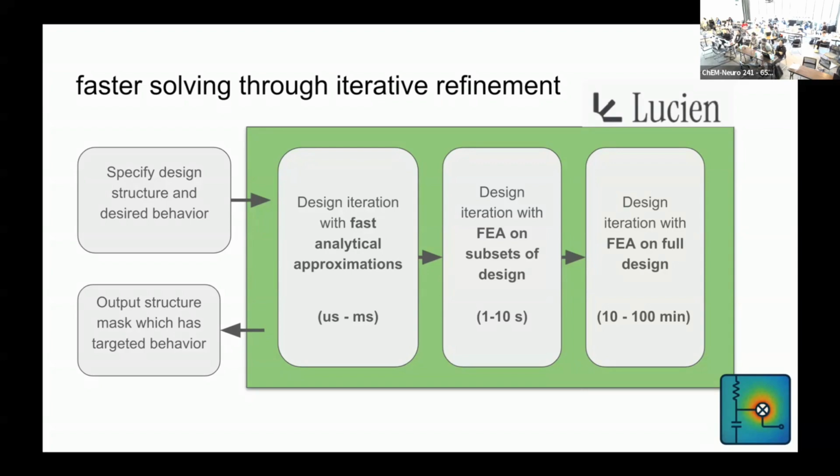We can then split our design into multiple parts and do detailed electromagnetic simulations of each component. And this works well because the scaling of the runtime of one of these electromagnetic solvers is super linear in system size. Lastly, once Lucian, our model, optimizes each component of the design with these small simulations, we do a final validation simulation of the entire design. And this is a slow process that can take tens of minutes to hours.